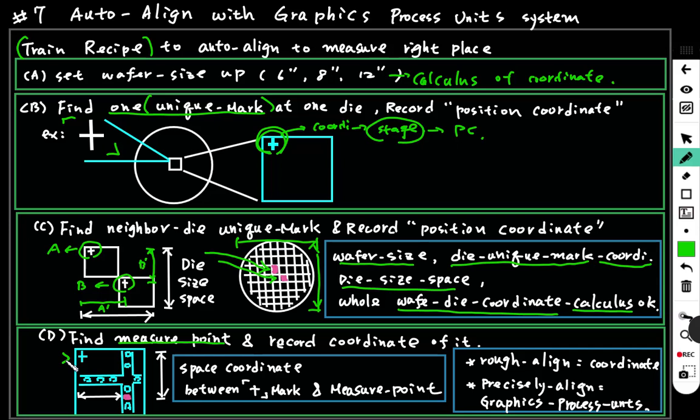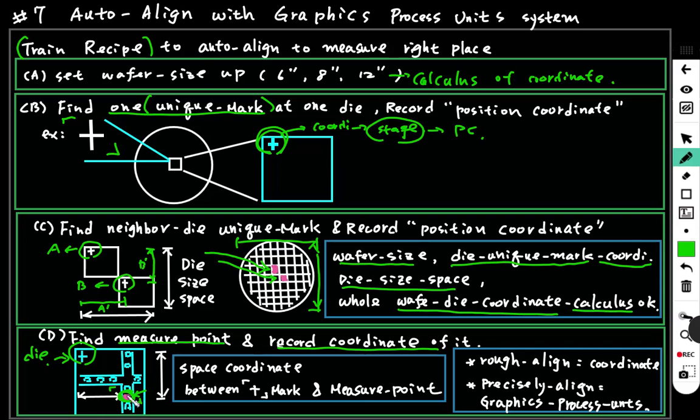For example, this is a die pattern. This is a cross mark. And according to the pattern design, we know we are going to measure this point. So we find the cross mark and find the measure point here. Find the middle point and record its coordinate too.